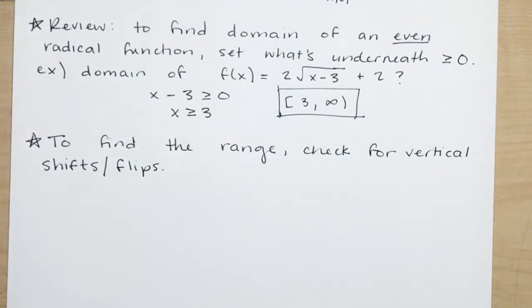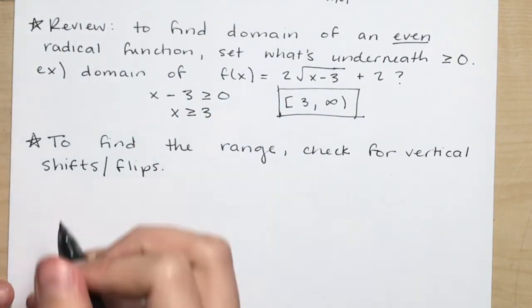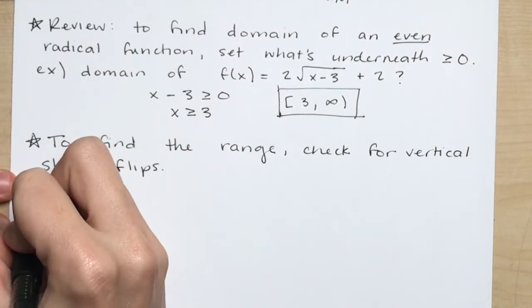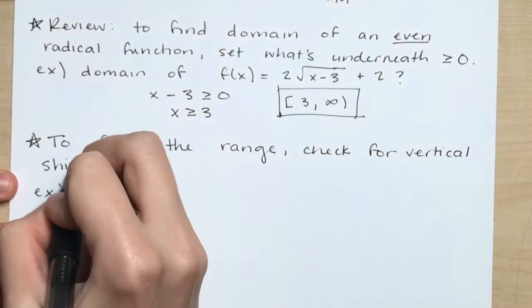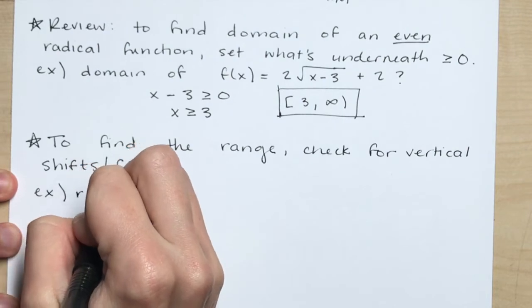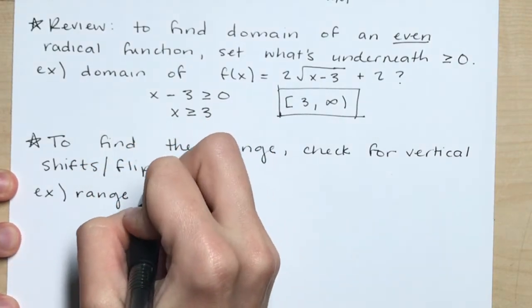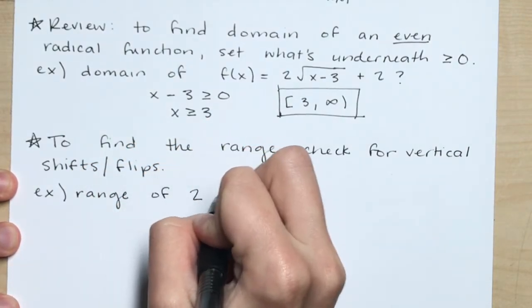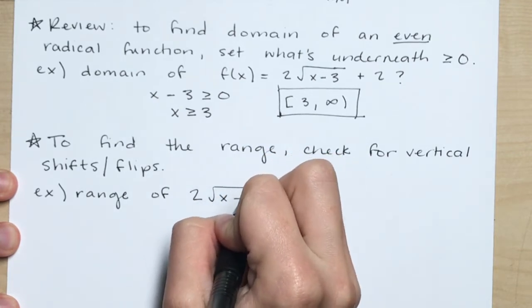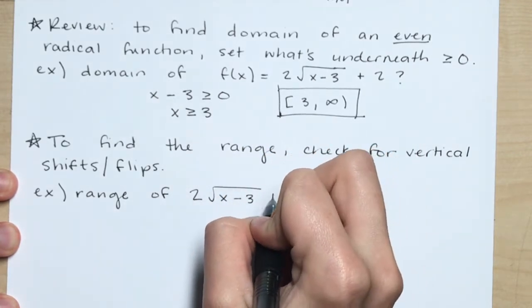So this one is maybe going to take a little bit more thought. So let's look back at the same question: the range of 2 times the square root of x minus 3, plus 2.